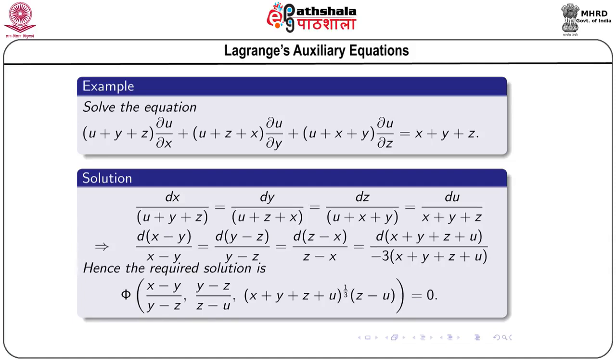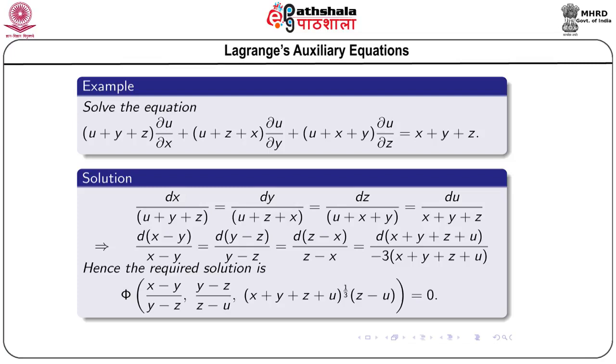So, the corresponding Lagrange auxiliary equation is dx by (u plus y plus z), this is the coefficient of del u del x, dy by (u plus z plus x), this is the coefficient of del u del y, and dz by (u plus x plus y), this is the coefficient of del u del z, equals du by (x plus y plus z).